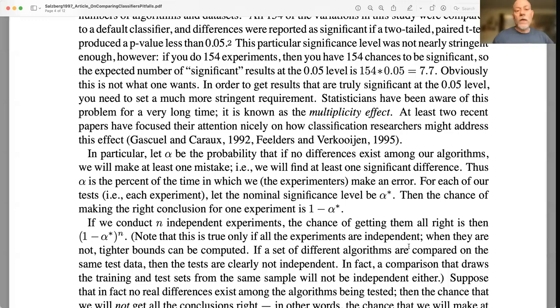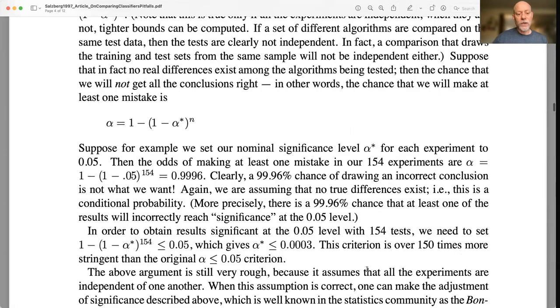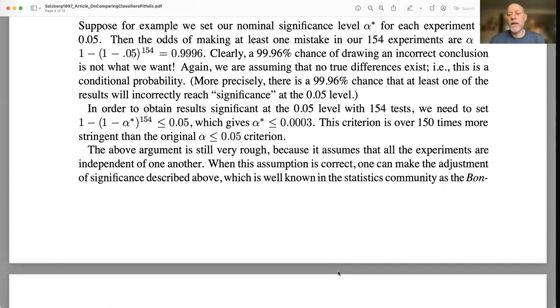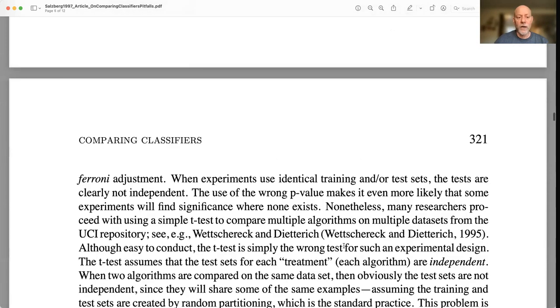So where I'm going to pick up, he moves on to talking about independence and actually the lack of independence that something like a t-test assumes. So we'll go back to the paper here. The above argument is still very rough because it assumes that all the experiments are independent of one another. When this assumption is correct, one can make the adjustment of significance described above, which is well known in the statistics community as the Bonferroni Adjustment.